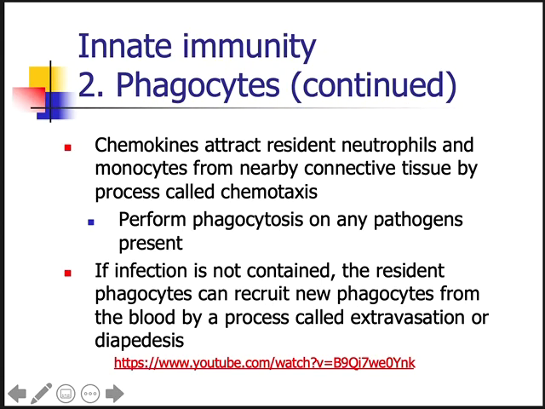Now let's focus in on how exactly the white blood cells get into the tissue. Okay, so chemokines attract first the resident neutrophils and monocytes that are already nearby, and of course that's through chemotaxis, right?